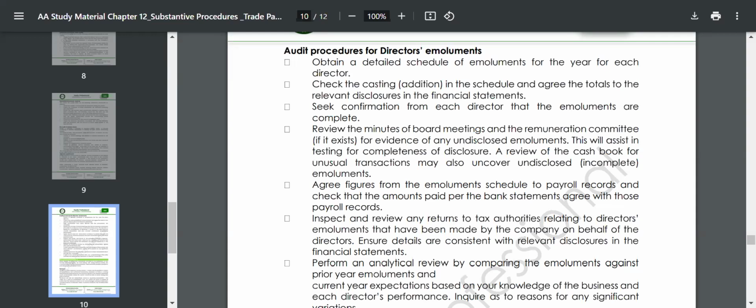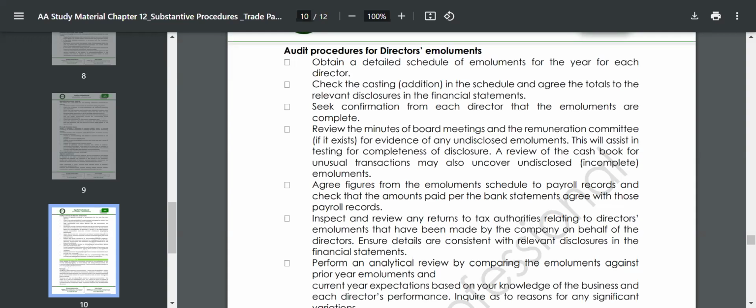The same thing applies when you want to audit directors' payment: you must have an idea of all the directors and the payments that have happened for the period. So as an auditor, you will need to obtain a schedule or list of directors and all the payments that have been made to them for the period.